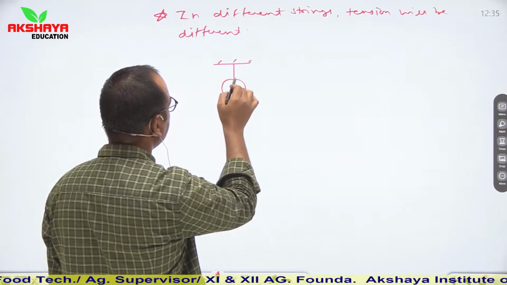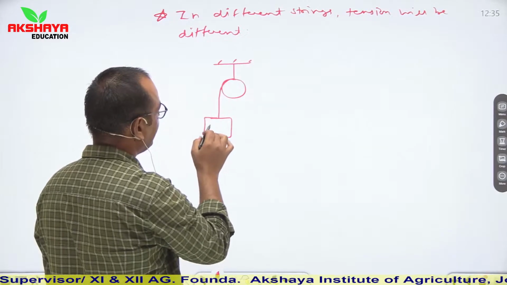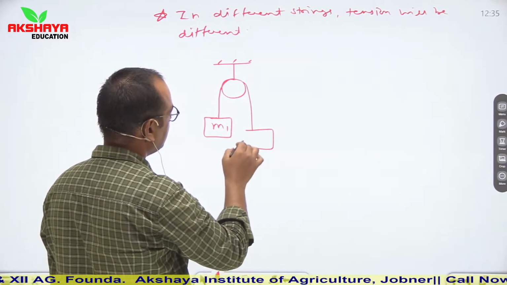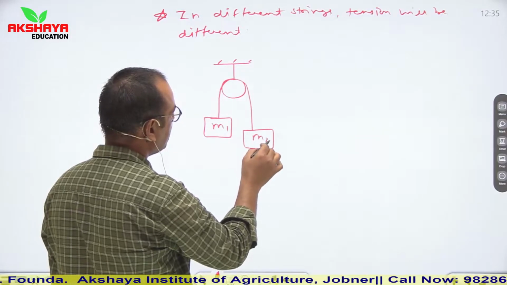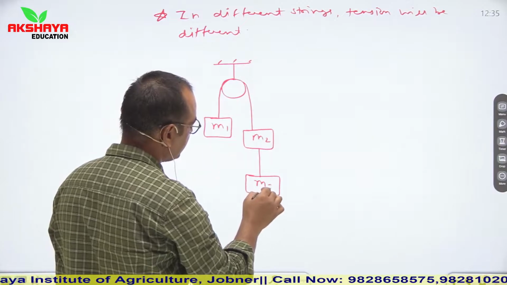Let us say this is a pulley, this is a string, and this is an object of mass m1. Similarly here, this is an object of mass m2, and here another object of mass m3 is connected.